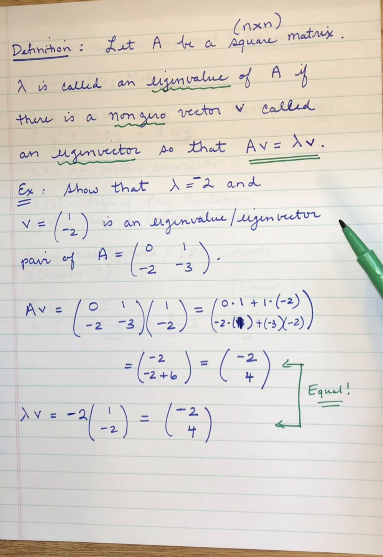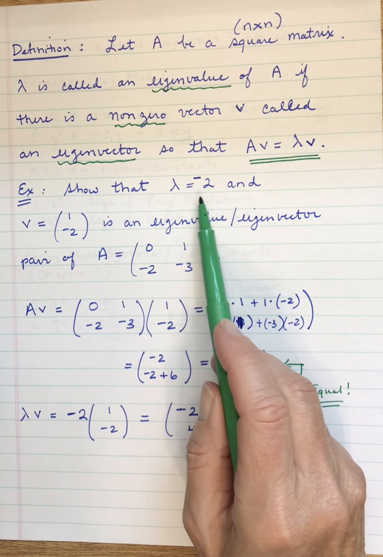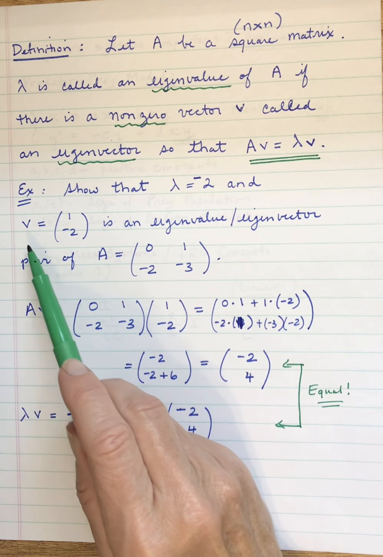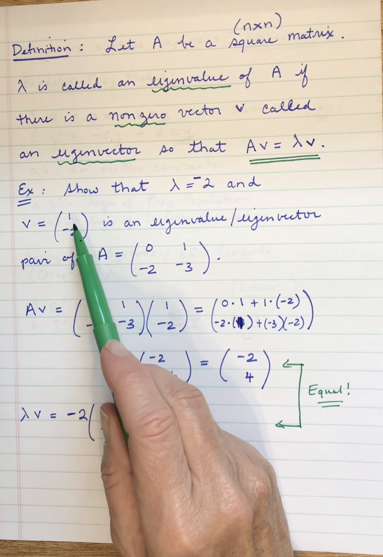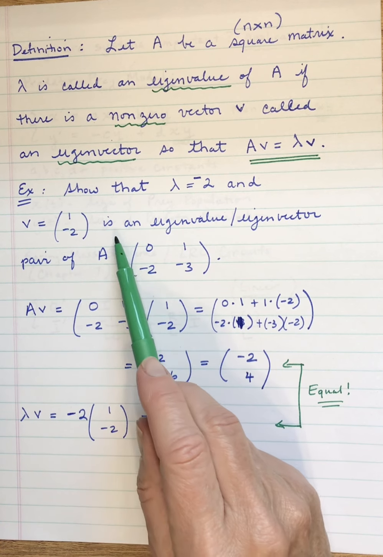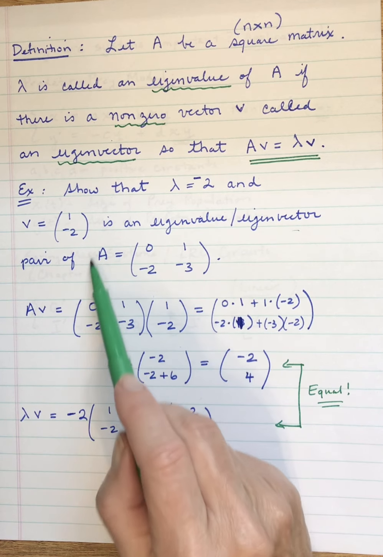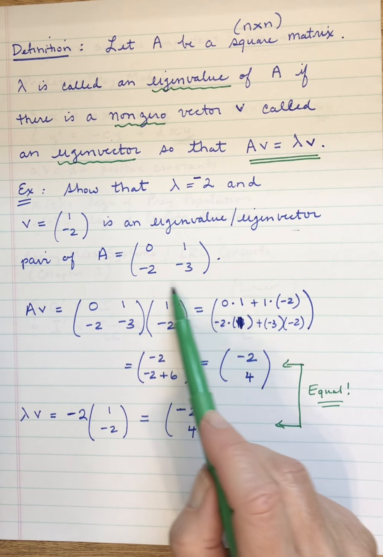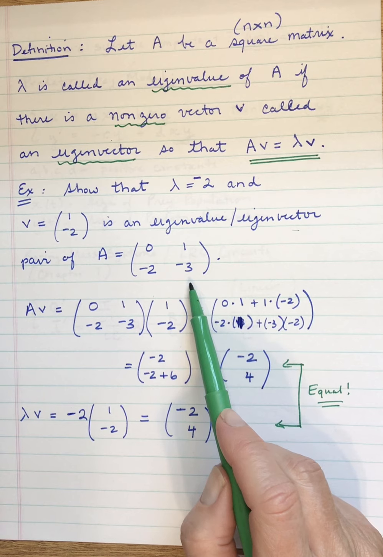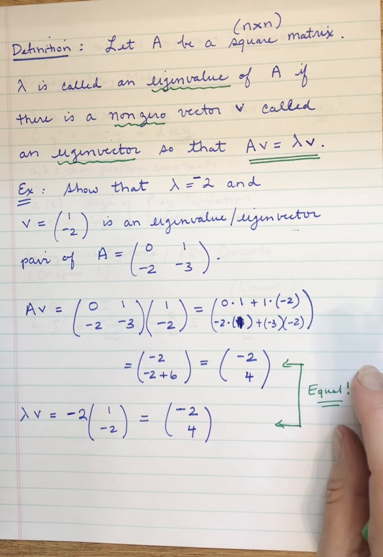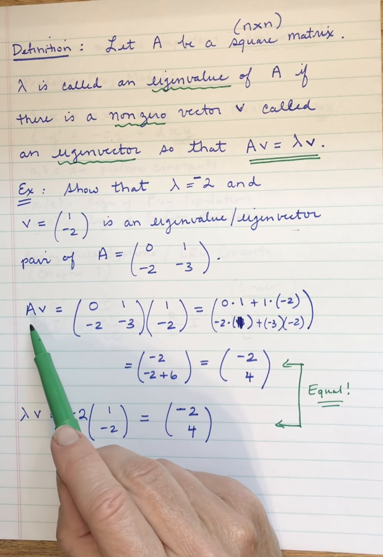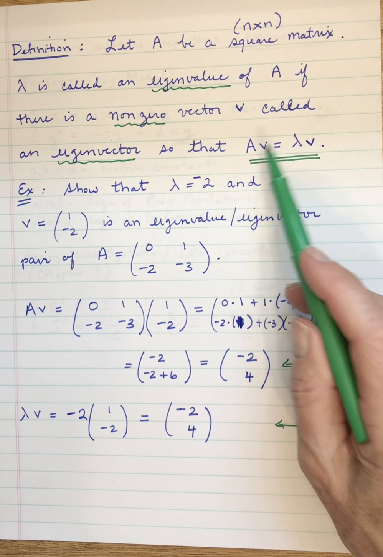So let's just run through a quick example. Let's show that lambda equals -2 and v, given by the vector 1, -2, is an eigenvalue eigenvector pair of this given matrix. And again, this is the same matrix we saw in the very first example we did. All right, so let's calculate A times v.